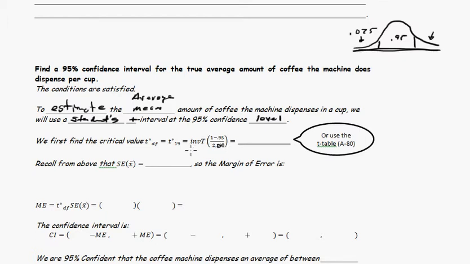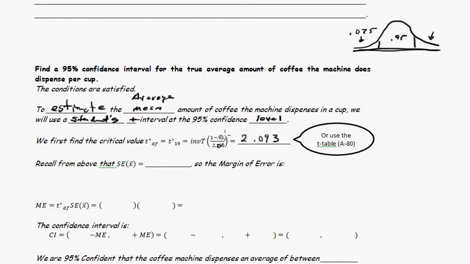So the calculator function you can use is inverse T. What we're going to get is 2.093.